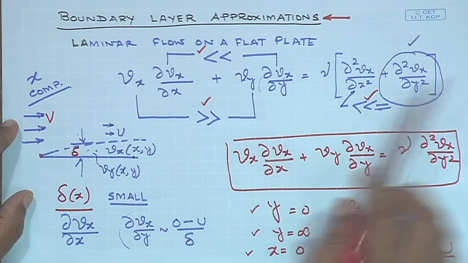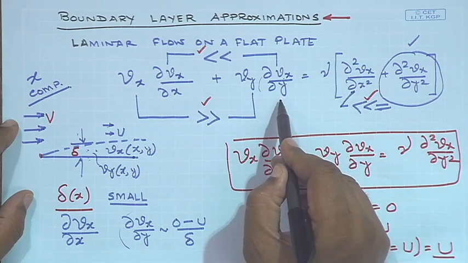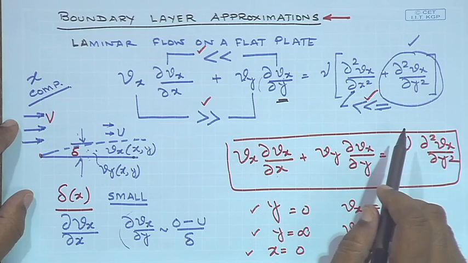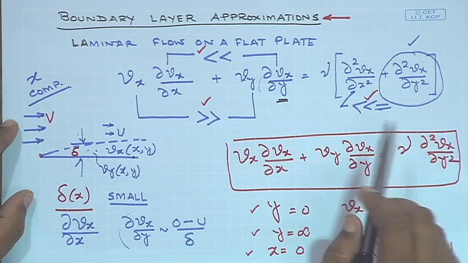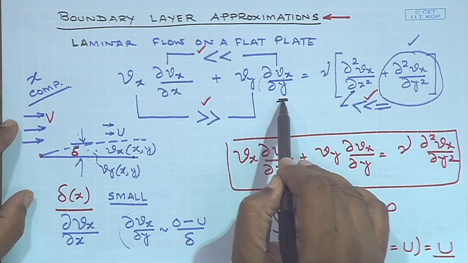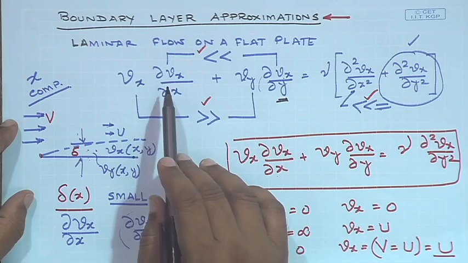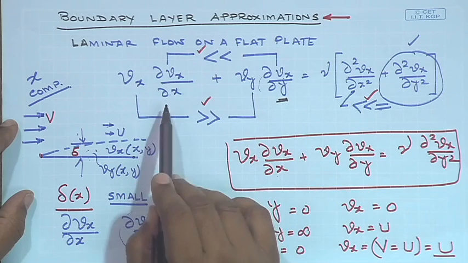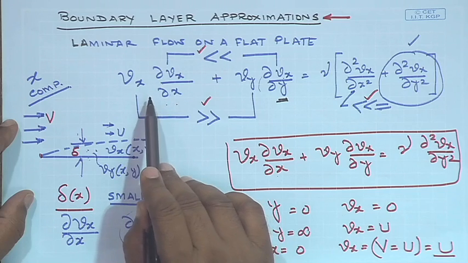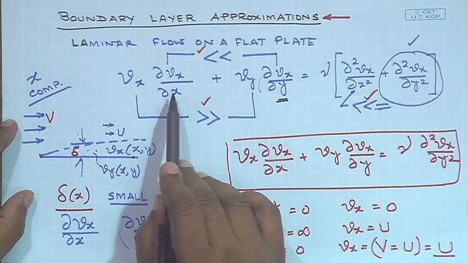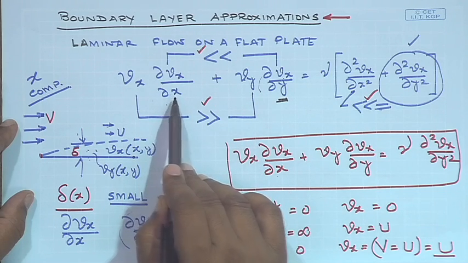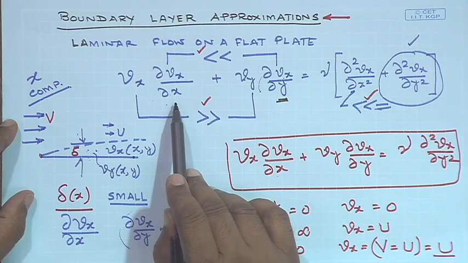However, since the gradient of the variation in velocity with respect to y is large in comparison to the gradient of velocity with respect to x, none of these two terms can be neglected or equated to 0 based on simple heuristic analysis.